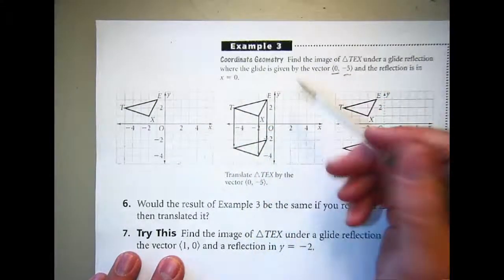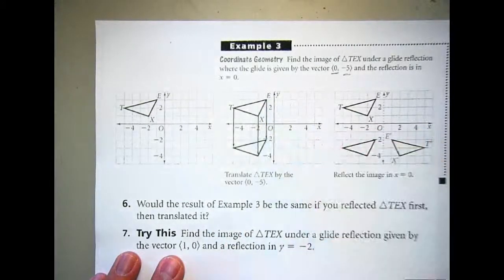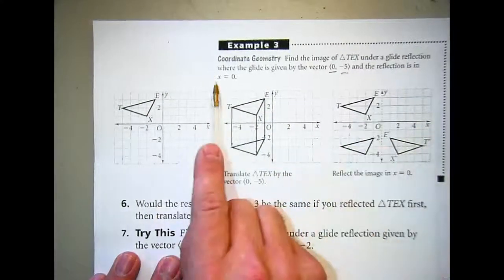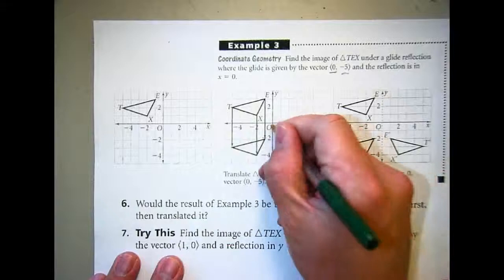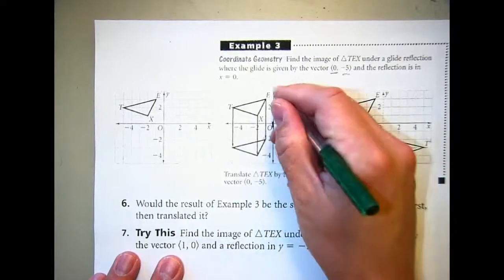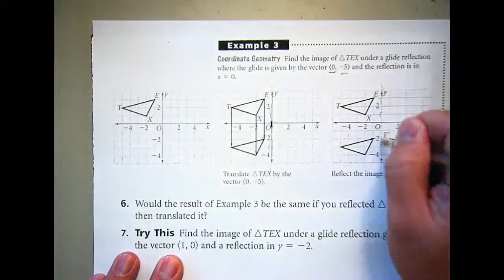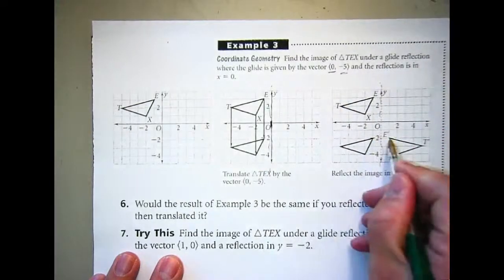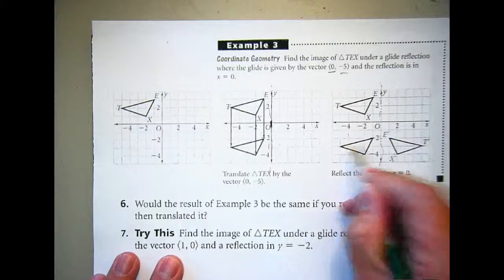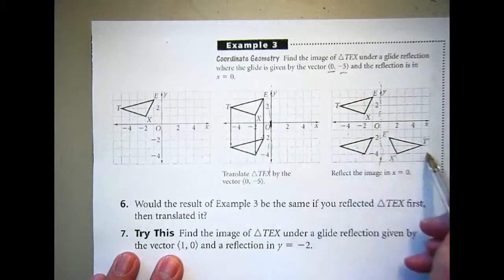Okay, so the first thing we've done with TEX is we slid it down 5 units, so we have our vectors here. And then we're reflecting it on x equals 0. The x equals 0 line happens to be your y-axis. So when I reflect across the y-axis, that moves this point here, E prime, X prime, and T prime. So you've done a glide reflection.